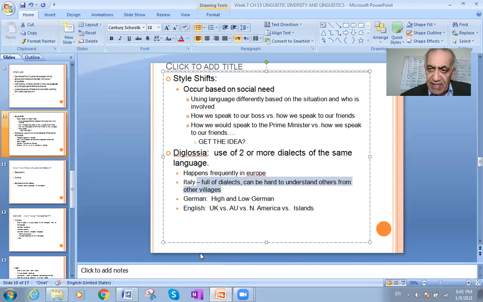German has high and low German. In English, it's like the difference between the British and the Americans in the pronunciation of English and some meanings of the words. Same thing. So this is diglossia.